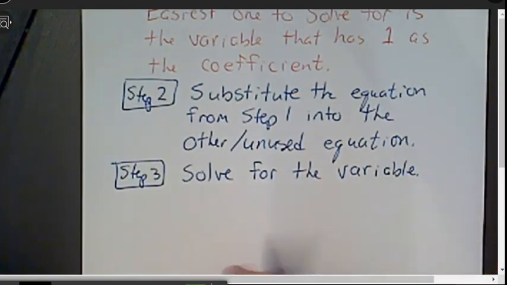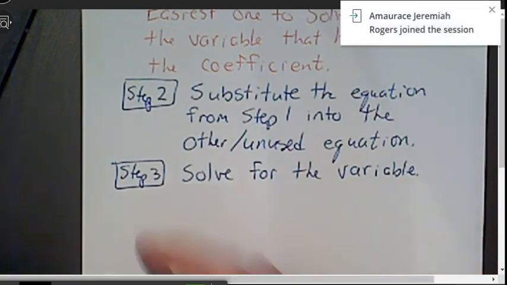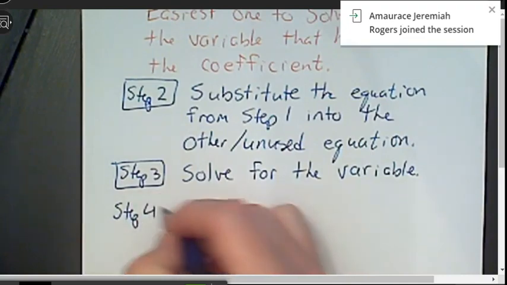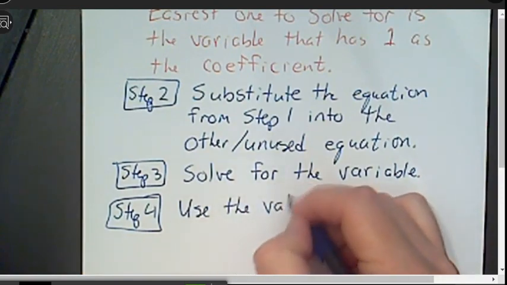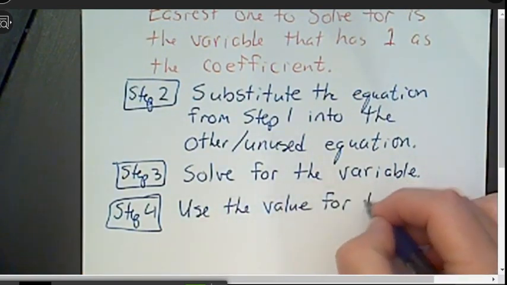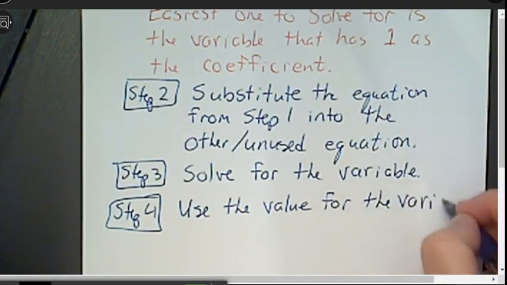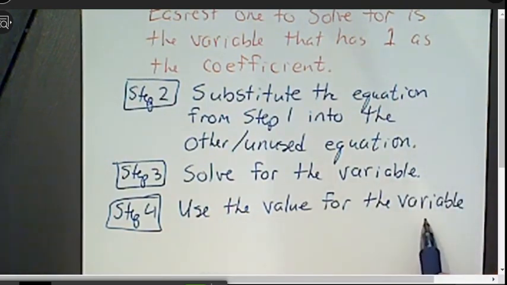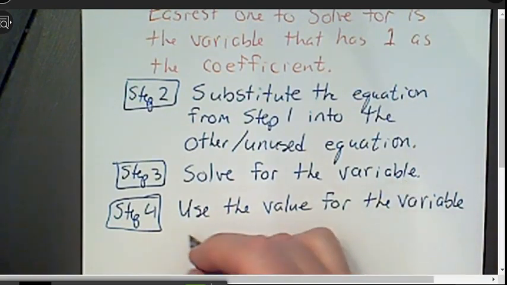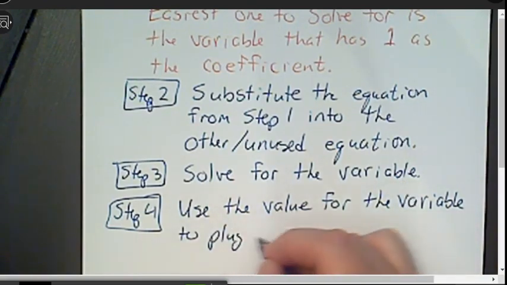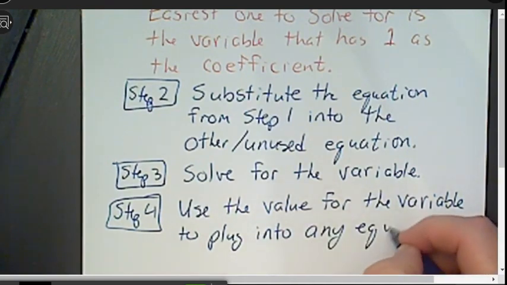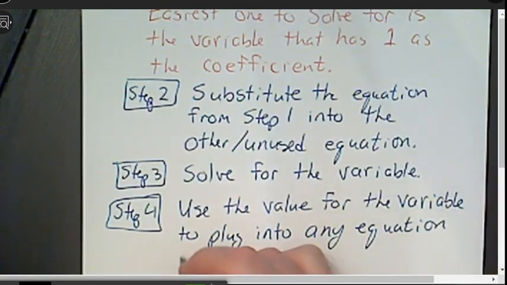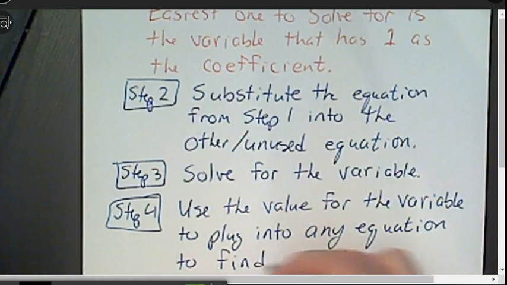It's an ordered pair, and the question should tell you to find the ordered pair that makes this solve. So step 4, you take the value from step 3 and use it to plug into any equation to find the other variable.